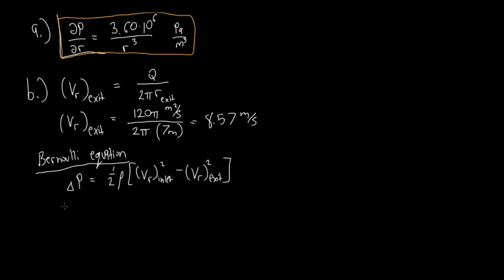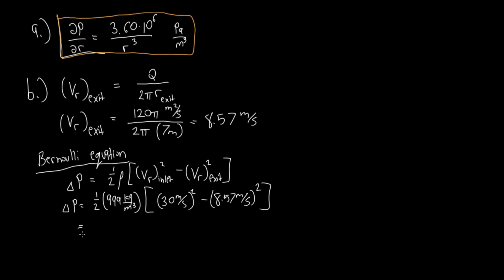So we plug in our numbers. We'll get delta P is equal to 1/2 times 999 kilograms per meter cubed, and we get the 30 meters per second quantity squared minus 8.57 meters per second quantity squared.